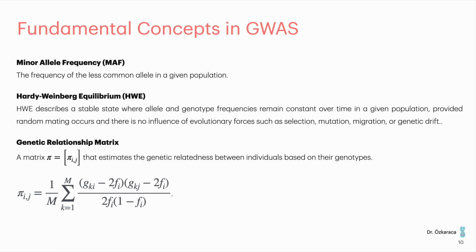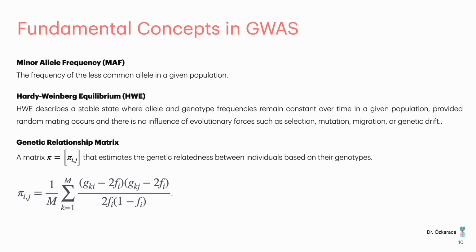And lastly, I would like to talk about minor allele frequency, Hardy-Weinberg equilibrium, and genetic relationship matrix. Minor allele frequency is the concept of the frequency of the less common allele in a given population. And Hardy-Weinberg equilibrium, or in short HWE, describes a population in genetic equilibrium.